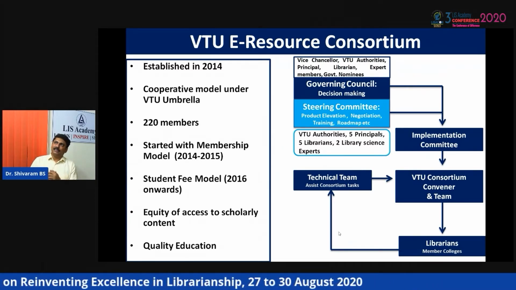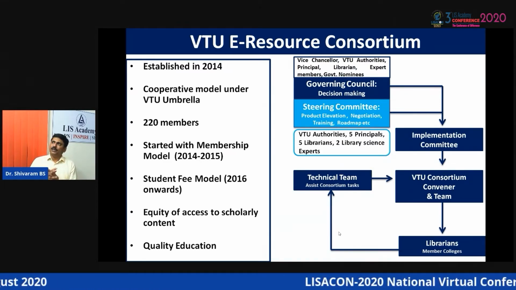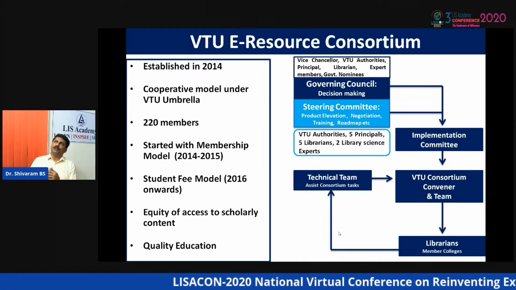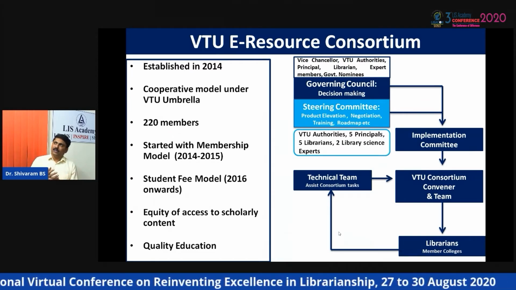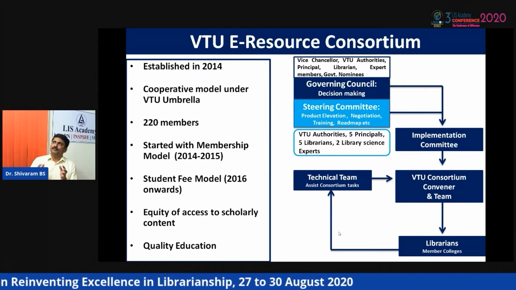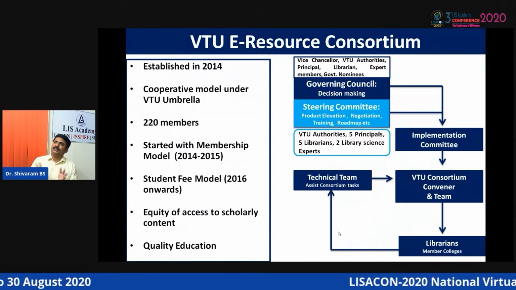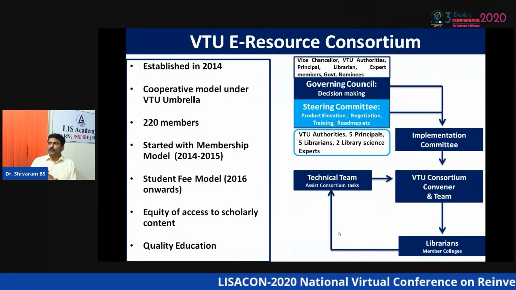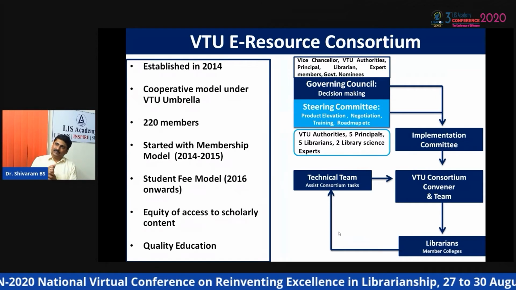And we have a second-level committee called the Steering Committee. Again, it's an executive committee where they do product evaluation, negotiation, training for all the stakeholders, and prepare a roadmap for the VTU Resource Consortium. Its composition involves VTU authorities and 5 principals from all the regions of Karnataka.